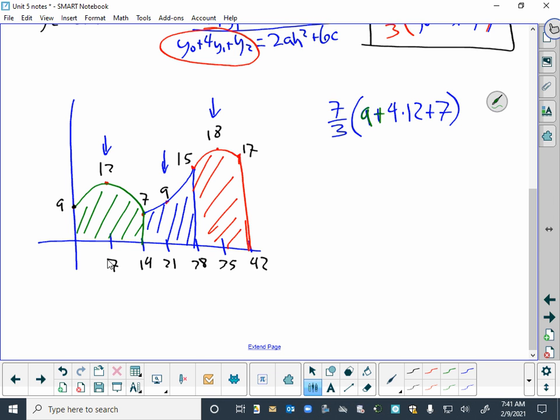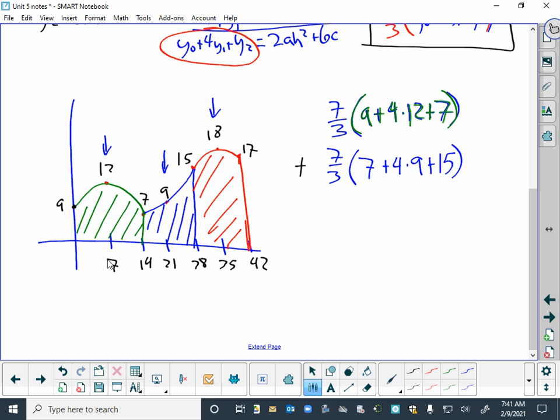That's 9 plus 4 times 12 plus 7. There is my first one, and then I'm going to add on to that my second one in blue, which again is 7 over 3, the width of the interval, and I'm going to need the 7 plus 4 times the 9 plus the 15.